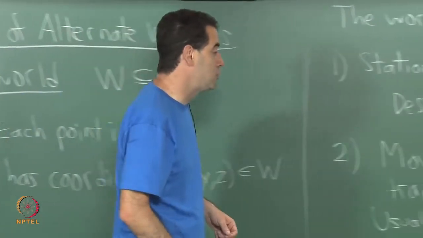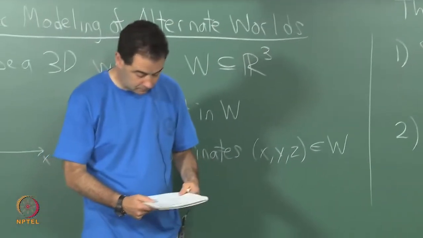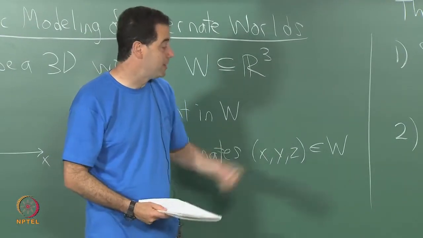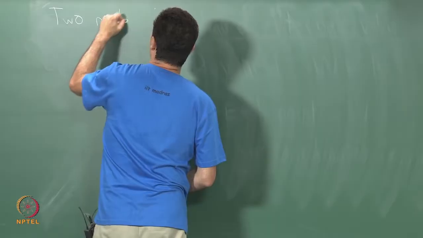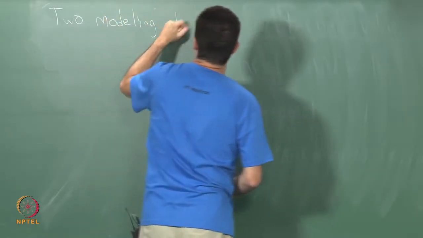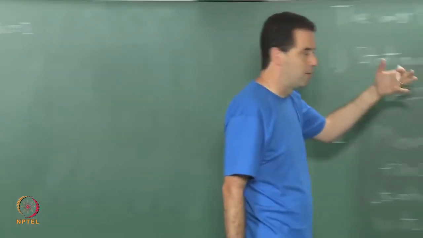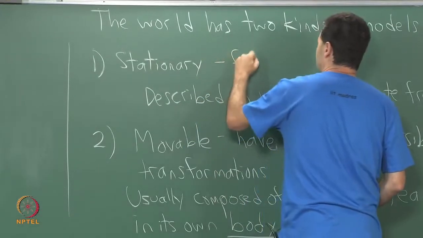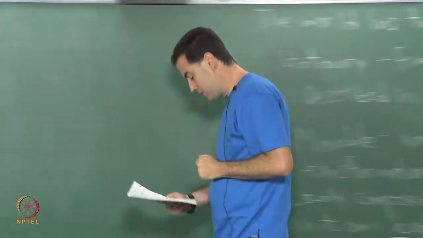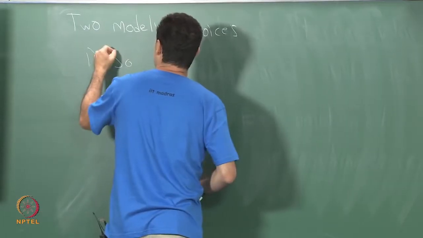So in these cases, we have to talk about a space of possible transformations that can be applied. In order to do that, we start off by describing it in the body frame. So we generally have 2 modeling choices when we're making geometric models of these bodies that are in the world, whether they're stationary or movable. One choice is to have what's called a solid representation.